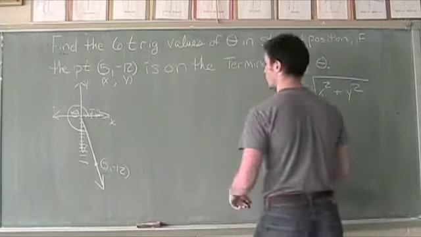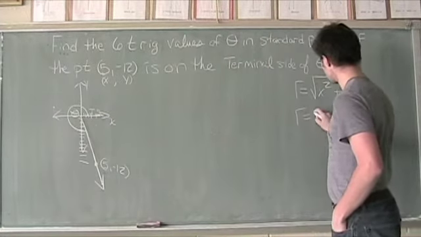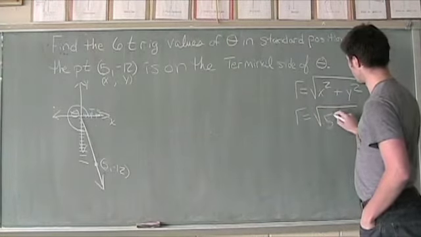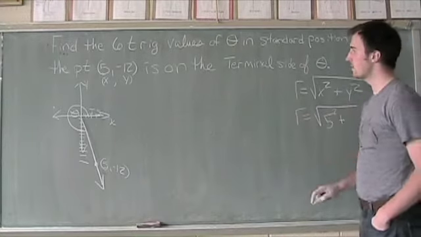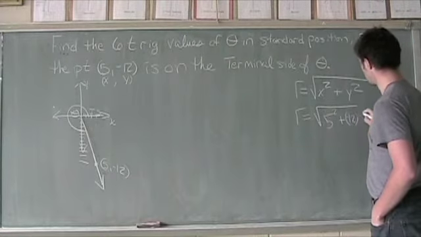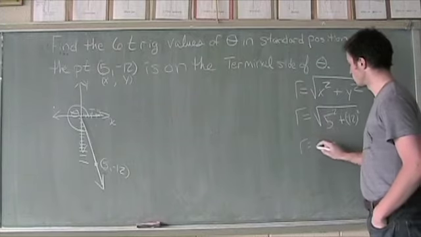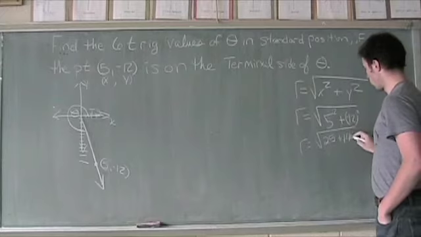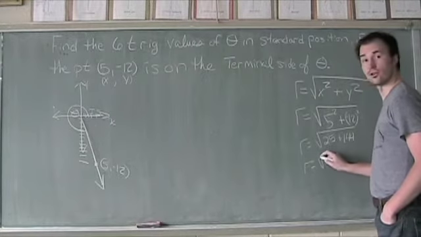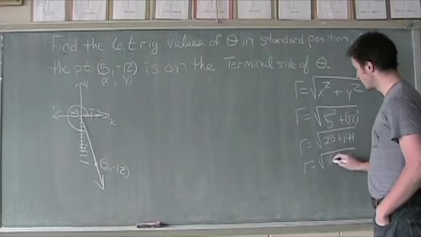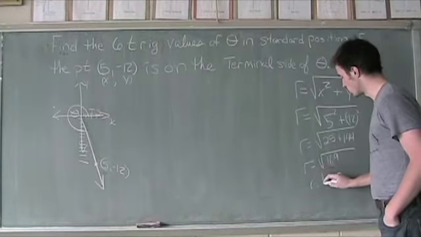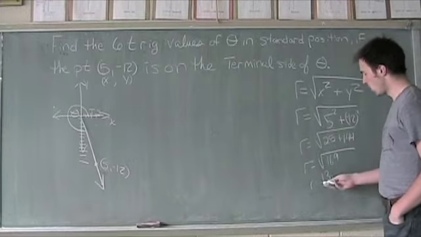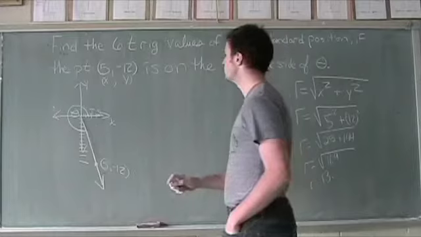So let's solve for that. r is going to be equal to the square root of our x value squared, or 5 squared, plus our y value squared, which is negative 12, that whole quantity being squared. So r is equal to the square root of 25 plus 144, which gives us r is equal to the square root of 169, or r is equal to positive 13. It just happens to work out that way. Okay? So r is a 13 value.